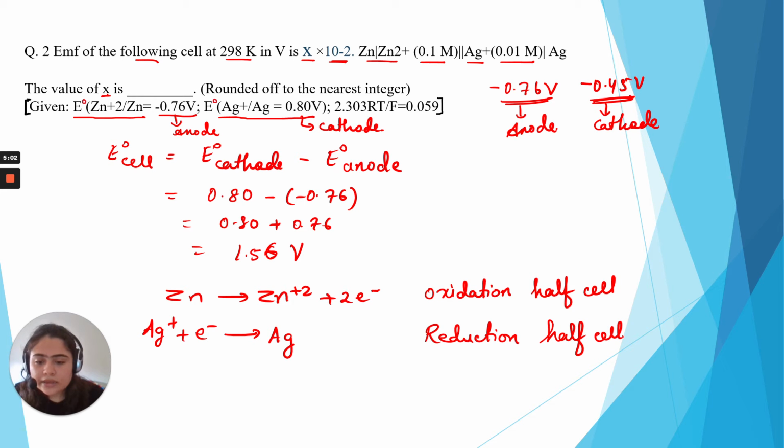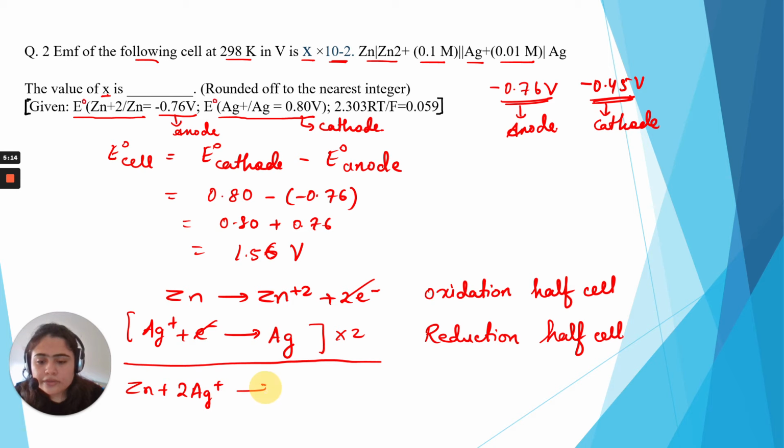We need to balance the electrons, so we multiply this equation by 2. So 2 electrons get cancelled. We get zinc plus 2 silver plus giving zinc plus 2 plus 2 Ag. So this is the net cell reaction.